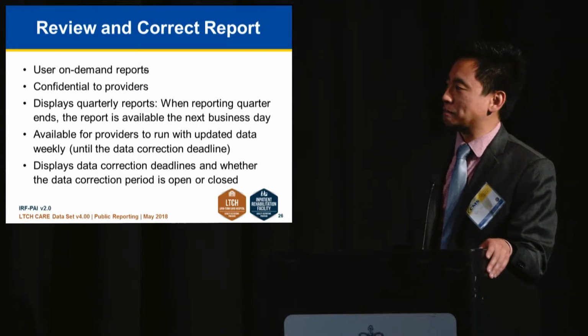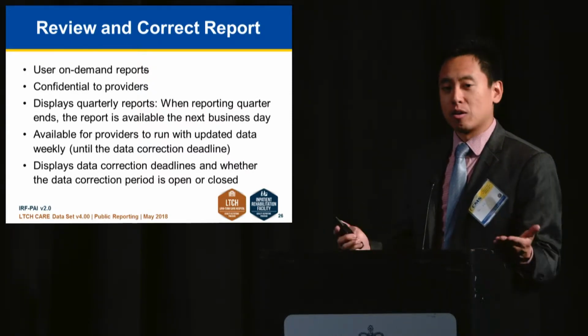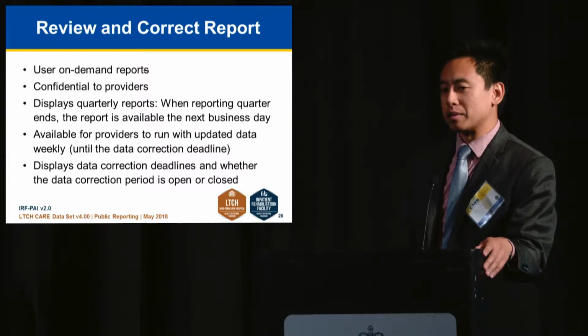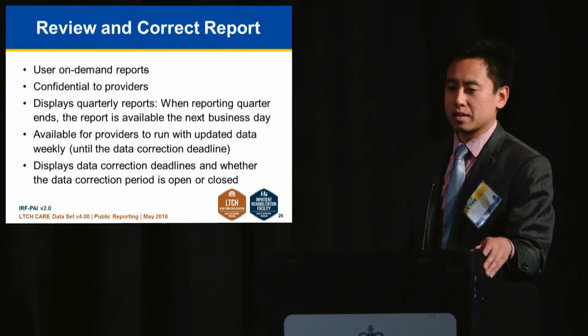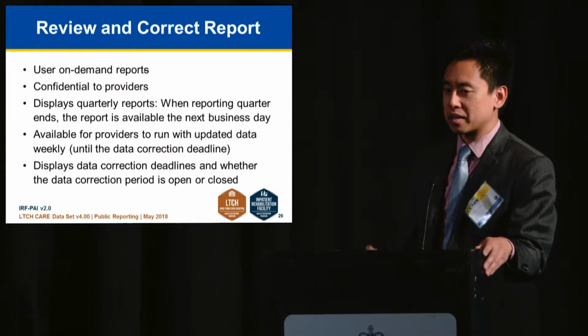Right now, what's currently available is the quarter 1, 2018 quarter end date report. These are available for providers to run with updated data weekly until the data correction deadline.